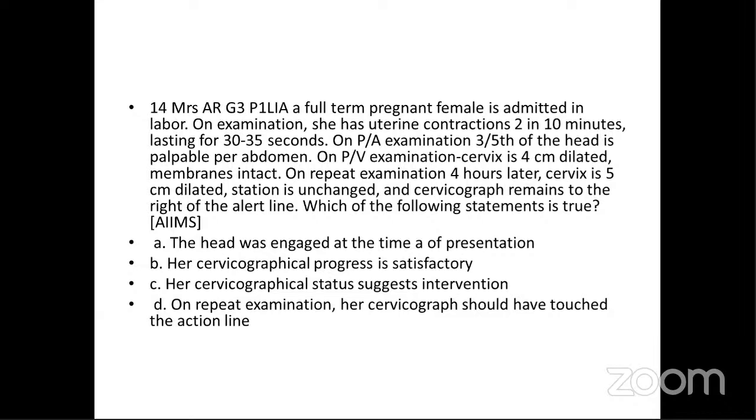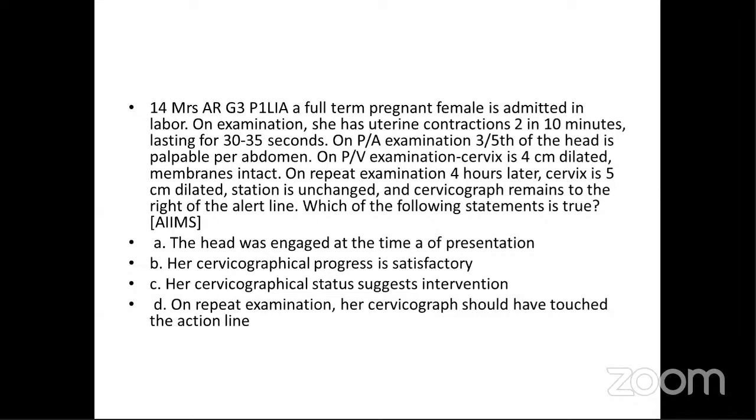So these are the interventions you can do, and the alert line will help you assess that there is some problem, that the labor is not going in the proper direction, so there should be some intervention you can do. That's how you interpret the partogram, right? Did you understand? Yes, ma'am.